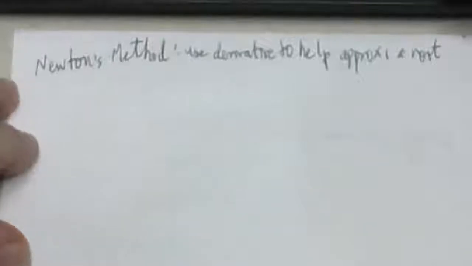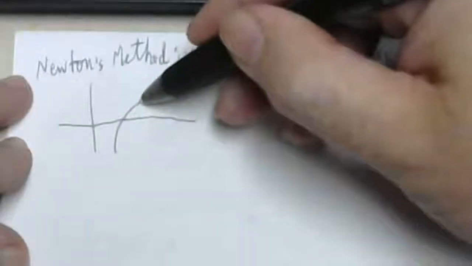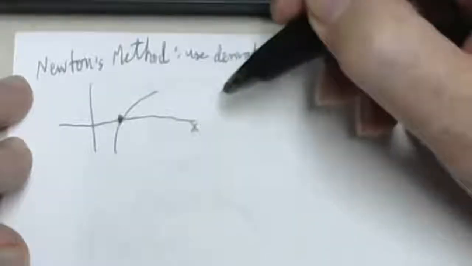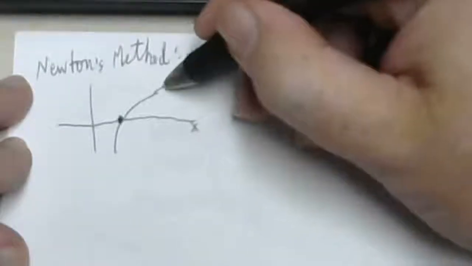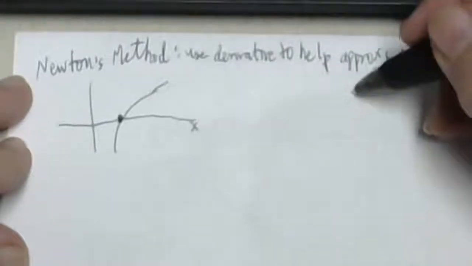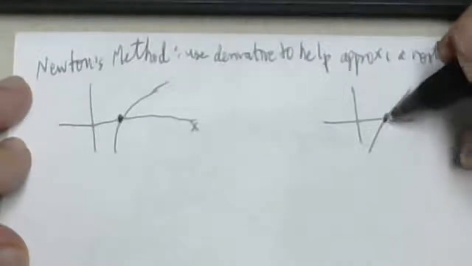So what I want to do is figure out, if I have a function like this, where it actually crosses the x-axis here. If we knew that we had a straight line, it'd be very easy to find that number.